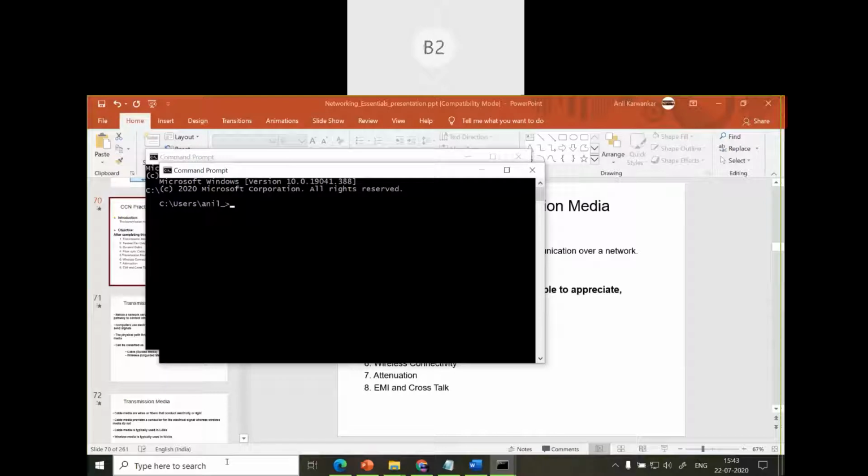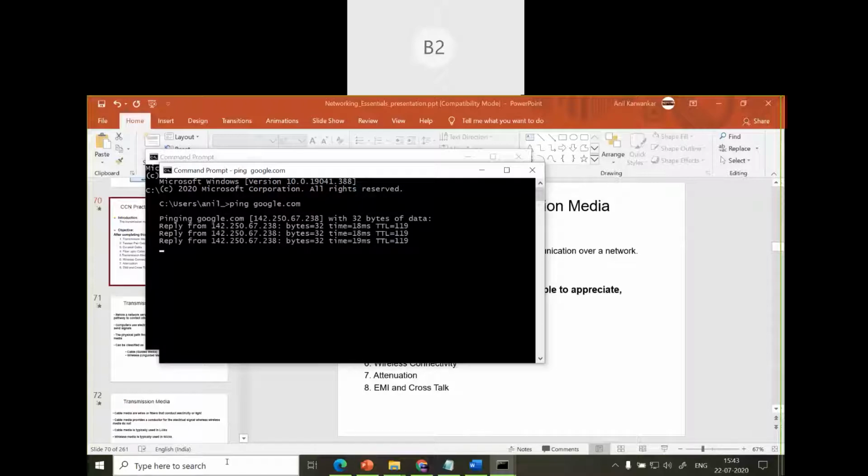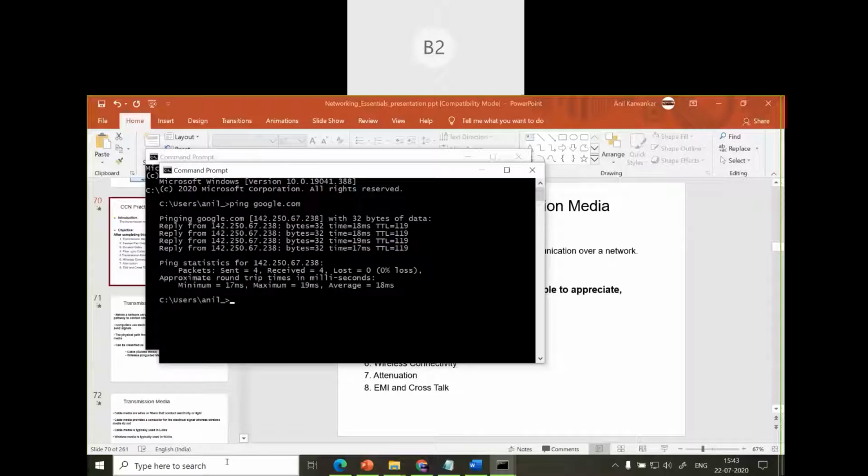One of the commands that is very, very important for a computer network professional to check whether you are connected to the network or the internet is to use the command ping and give any site name. And you should receive the reply in the specified format.